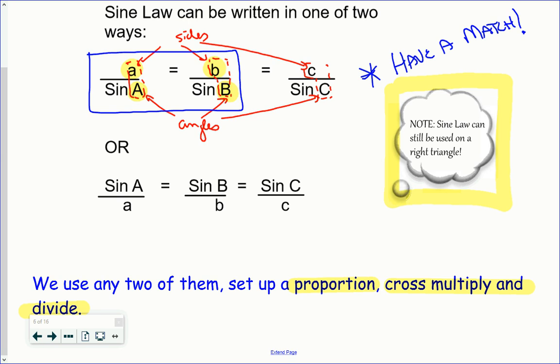If you didn't really like SOHCAHTOA last year, you never have to use it again, but you do have to know sine law. You have to pick one of those two. Sine law works on everything, while SOHCAHTOA only works on a right angle triangle. So if I was going to pick something to learn, I'd pick sine law because I can use it everywhere.